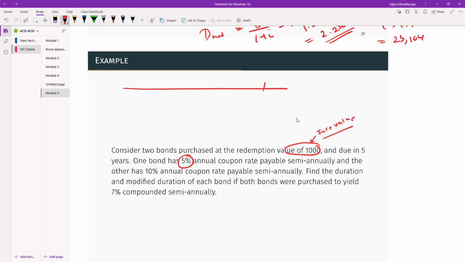And the other has a 10% annual coupon payable semi-annually. Find the duration and modified duration. So the bonds are due in 5 years.